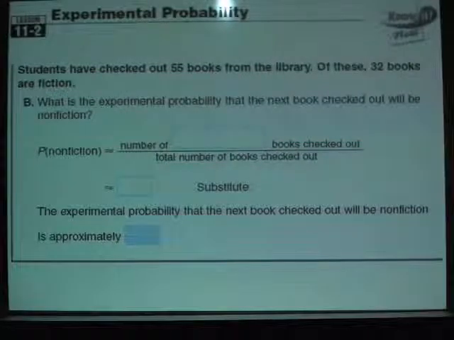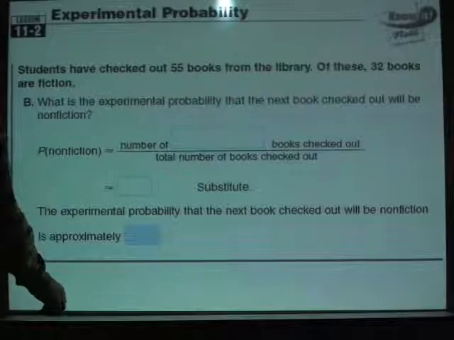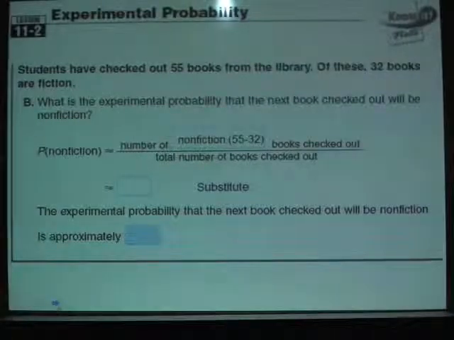So if we know there's 32 fiction checked out, everything else has to be a non-fiction book, which is good because this question is all about the number of non-fiction books we check out. So to find the probability here, we're going to compare the number of non-fiction books we checked out, 55 minus 32.